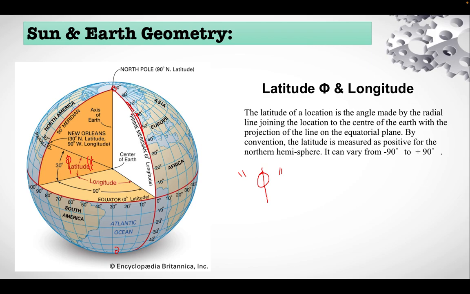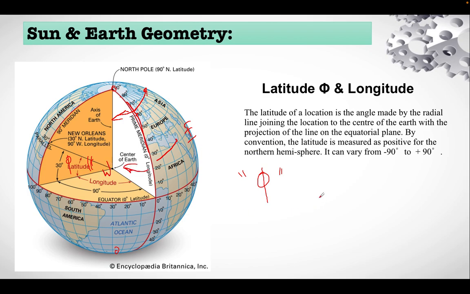We consider that longitude as 0 degrees, and with respect to that we measure the longitude angles by splitting the earth's surface into 360 degrees. On the eastern side the longitudes are called eastern, and on the western side they are called western.